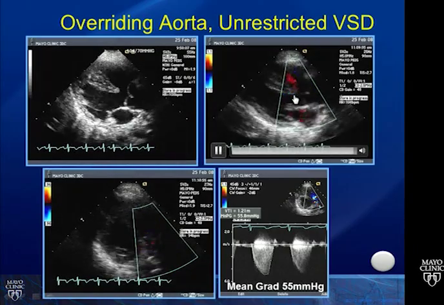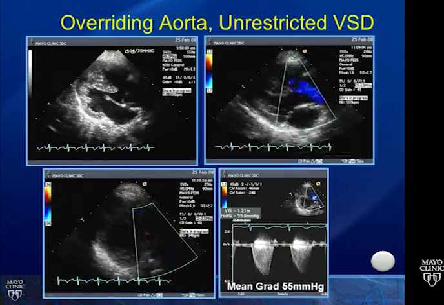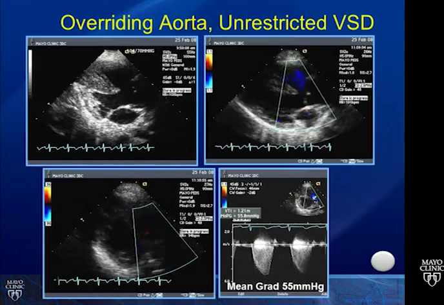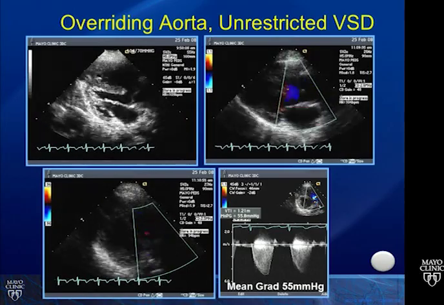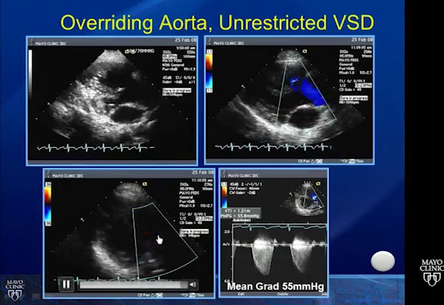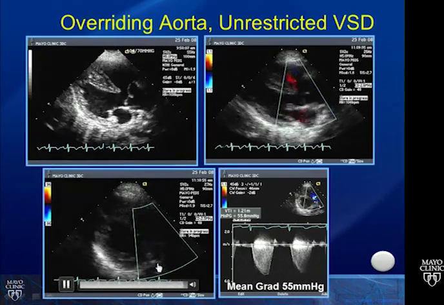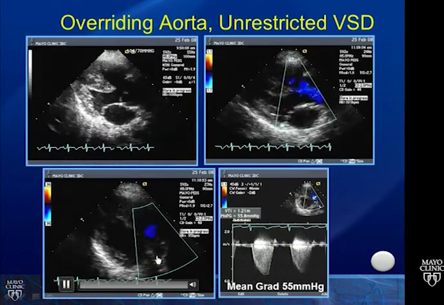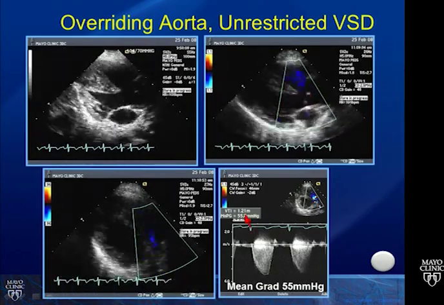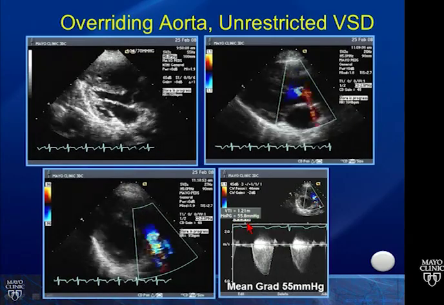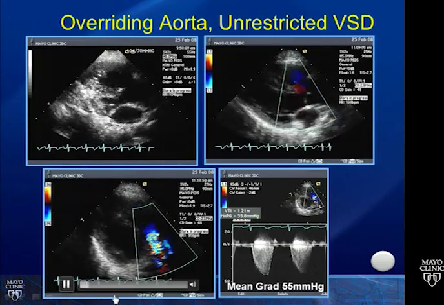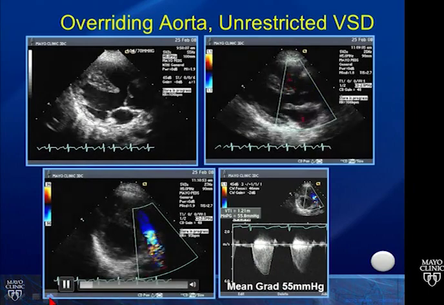Compare that to that membranous VSD where it was really turbulent and we could see it was restricted. This one is really wide open. And then we see this high velocity jet through the pulmonic valve. If you could see the Doppler here, it is 55 millimeters of mercury for the mean gradient, so very high pulmonary valve stenosis there.